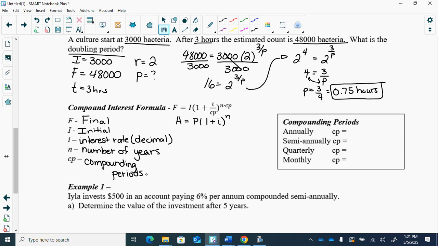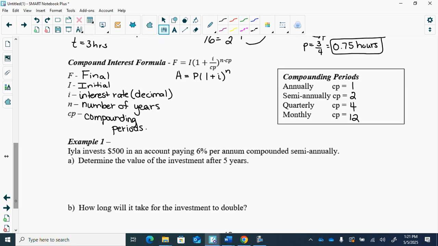So you actually make more interest off of your interest. If it compounds monthly, that's 12 times a year. Quarterly, it's 4. Semi-annually, it's 2 times. And annually, it's once. Annually, at the end of the year, it takes all the interest you made, puts it in, and the next year you make interest off of that. Semi-annually is every 6 months, so 2 times a year. Quarterly is each quarter, just 4 times a year, monthly is 12. So it just makes you make money faster.